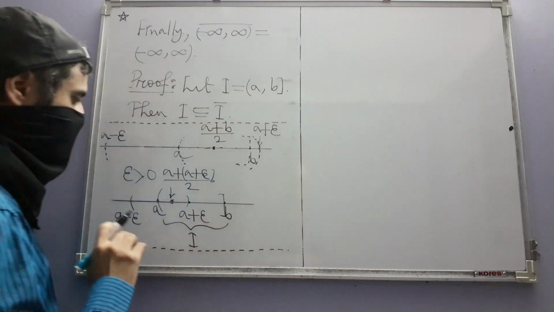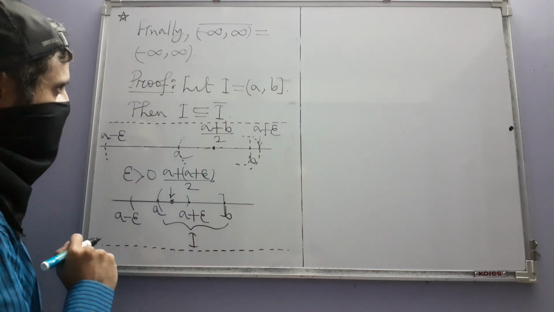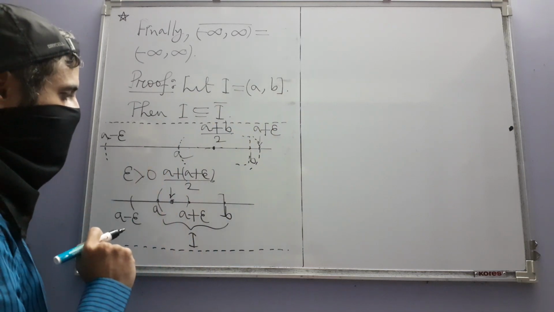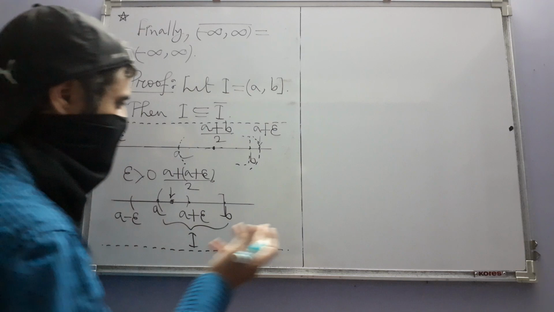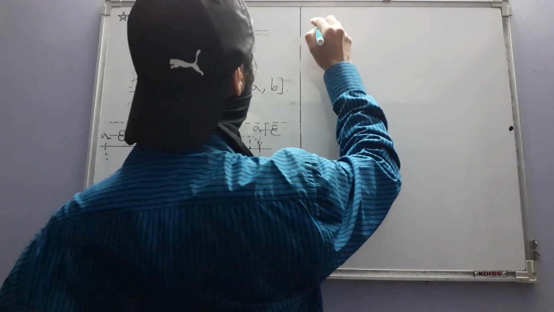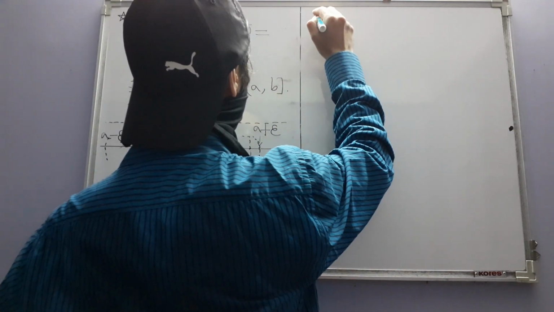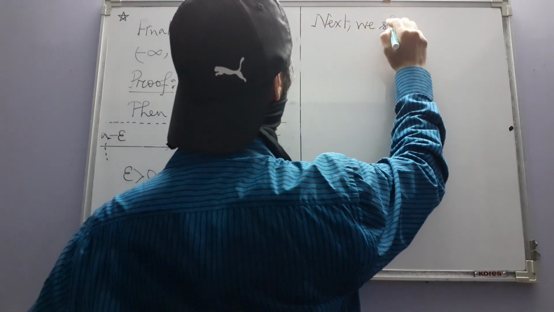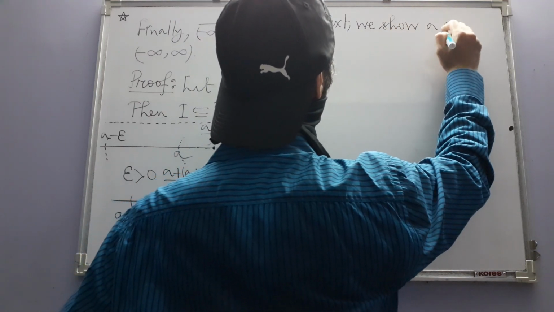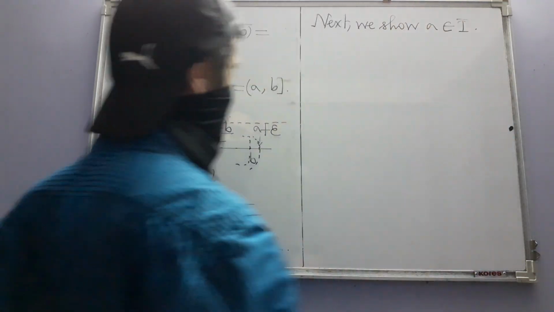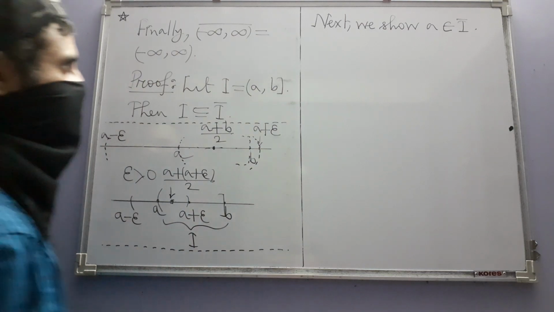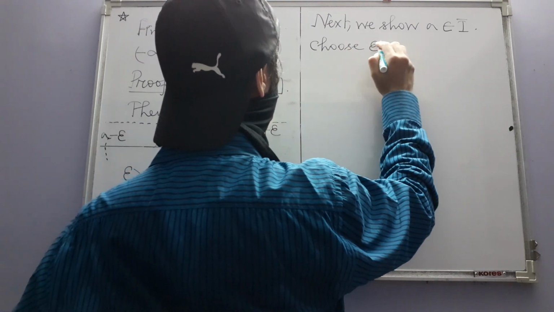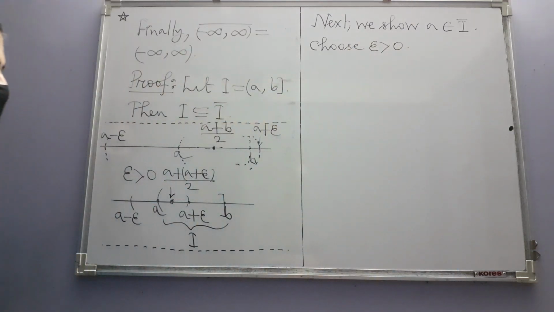Okay, so we are now going to write like this. What should we write? Now the next thing we are going to show is that A is an adherent point of I. So we have to choose epsilon, of course, first. But let us mention next, we show that A belongs to the closure of I. Choose epsilon greater than 0.